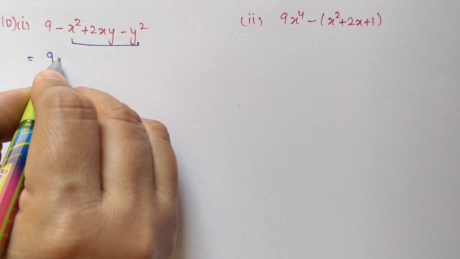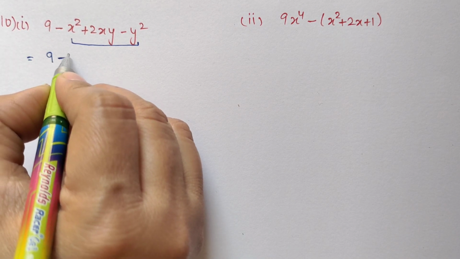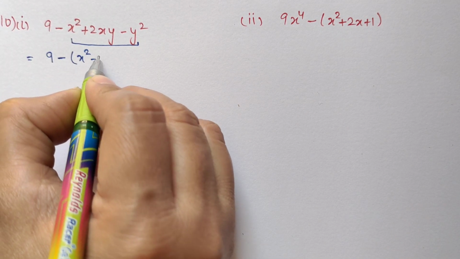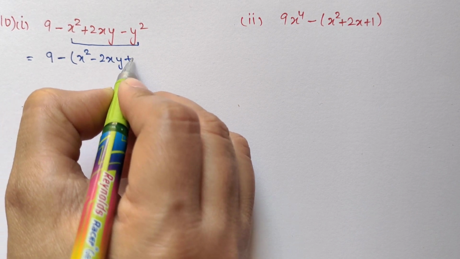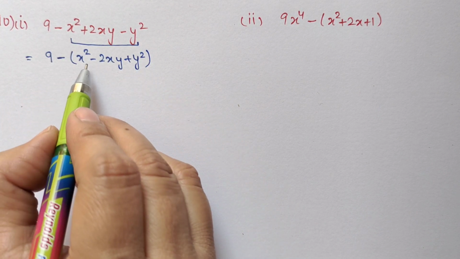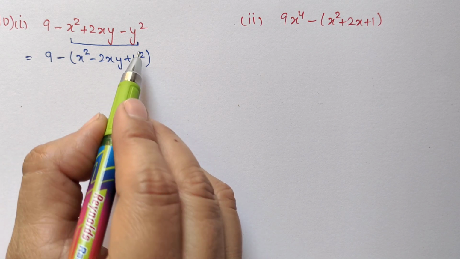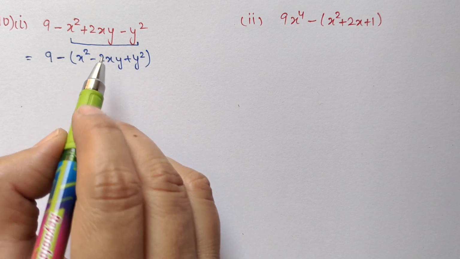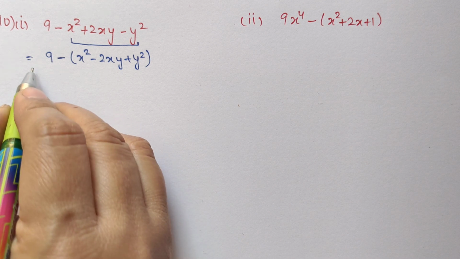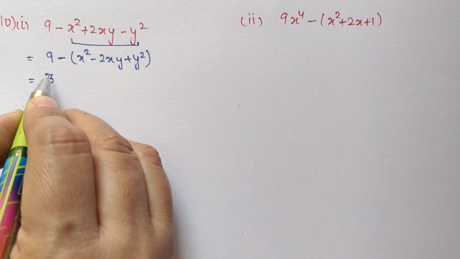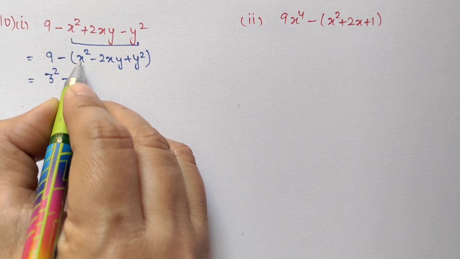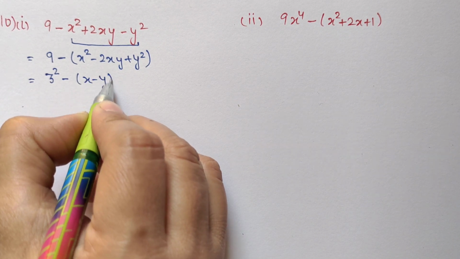9 is as it is, and if I take minus out common, then inside the bracket x² − 2xy + y². And this is the identity formula for (x − y)². So in place of this we can write (x − y)², and this 9 we can write as 3², and here (x − y)².